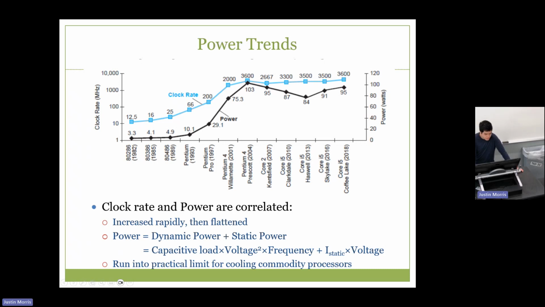We increased very rapidly, and then we've hit this flat line and wall. That's because we've run into this practical limit for the amount of cooling that we can put on a small package. So we couldn't increase clock rate any further without frying the silicon.